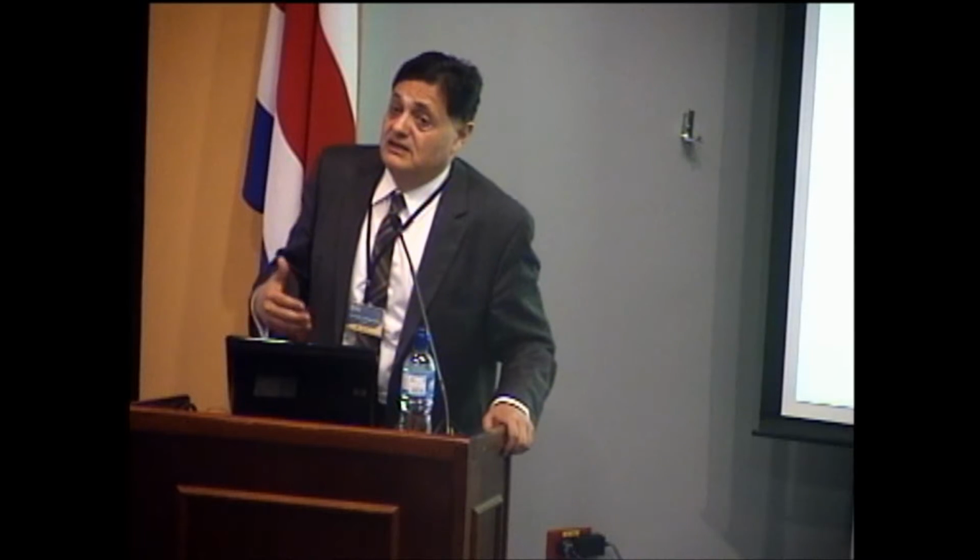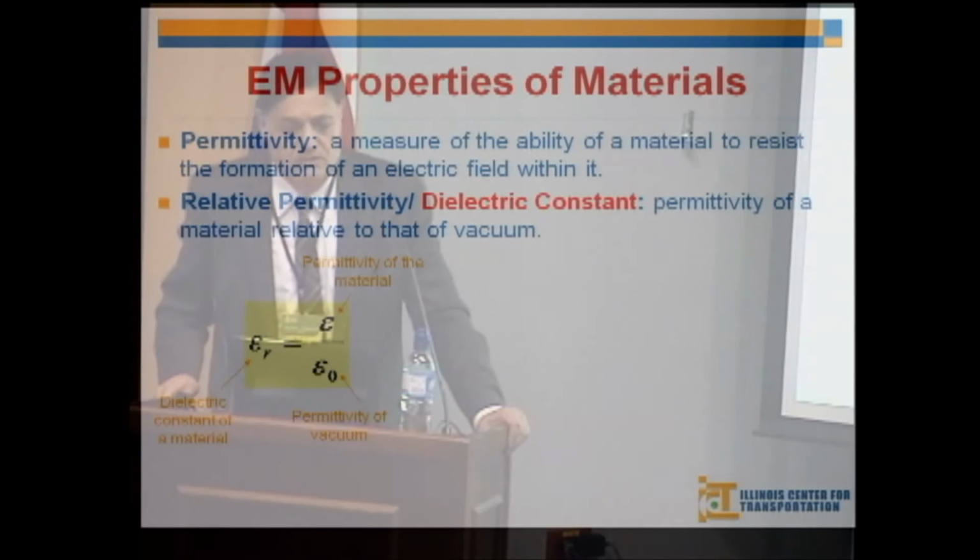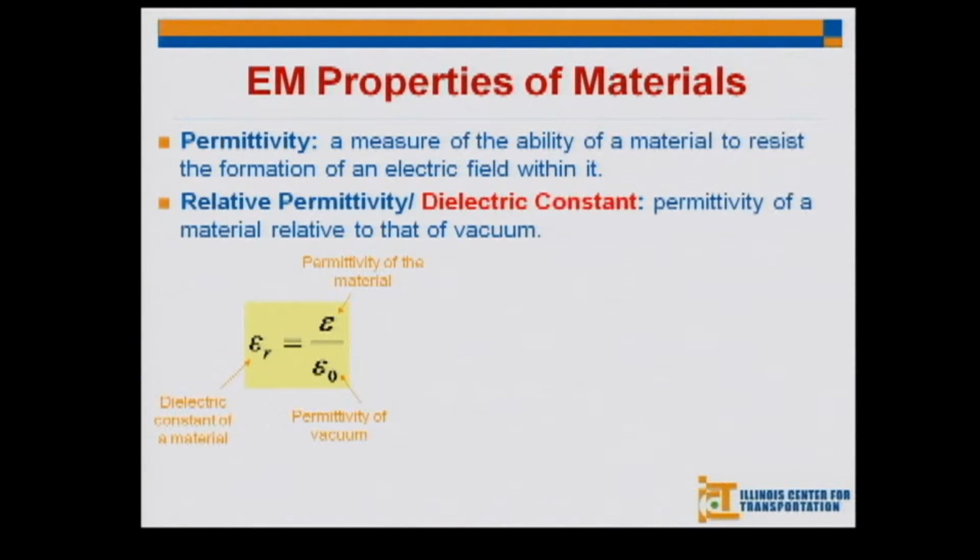So instead of dealing with the permittivity, we deal with the relative permittivity, which means that we reference everything to the vacuum or to the air, and sometimes we call this the dielectric constant. The dielectric constant is actually the relative permittivity with respect to the vacuum. So this is the equation: the dielectric constant, or the relative permittivity, is the permittivity divided by that of the vacuum.